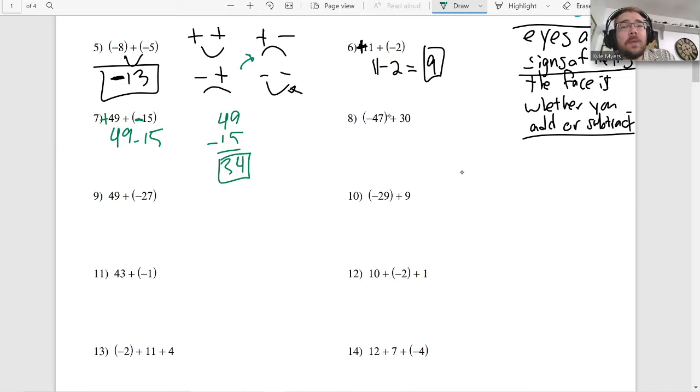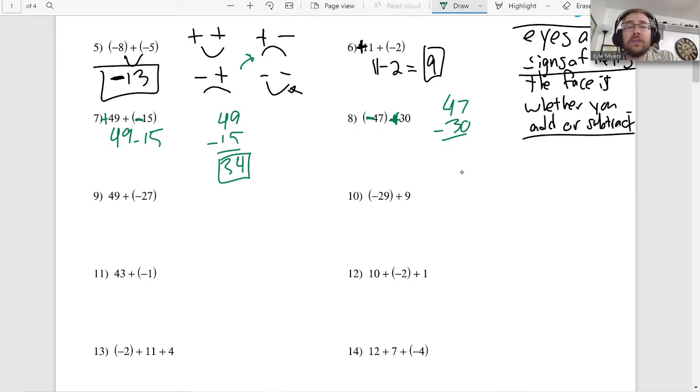So I know that I'm subtracting, right? I know that I'm subtracting because I have a minus and I have a plus. But there's nothing stopping me from saying 47 minus 30. That's fine. You can do that. Just remember that if I do 47 minus 30, I need to make my answer the negative version of that, because 47 is negative.